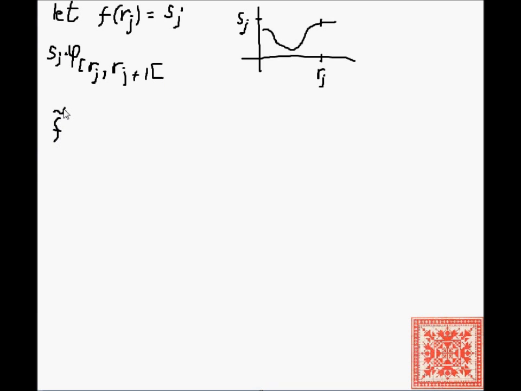And now we have the unit step function, which is phi. And we can represent our step function as the sum of our sample values times unit step functions. So the first sample value, s sub 0, times phi on the first interval from 0 to r1, whatever that value of r1 is.